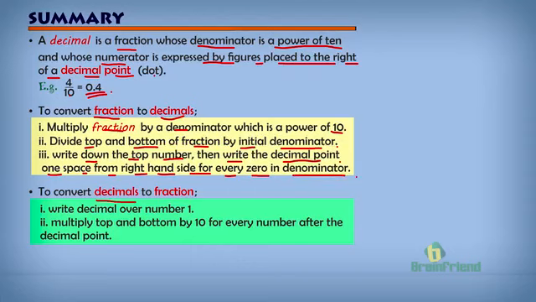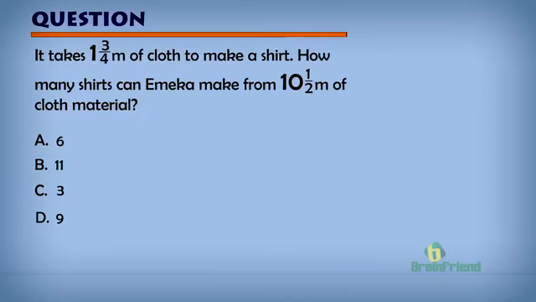To convert decimals to fractions, we said, write your decimal over the number 1 and simply multiply the top and bottom by 10 for every number after the decimal point. We would have our fraction, which we may simplify if the need arises.